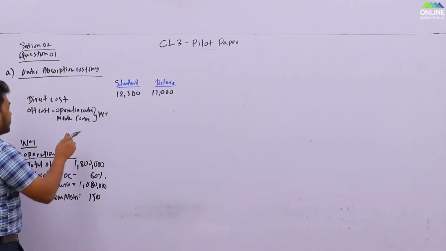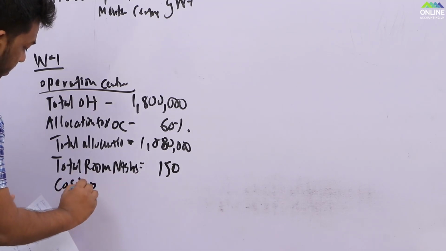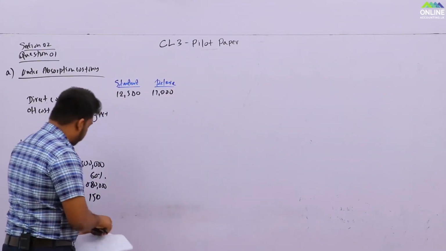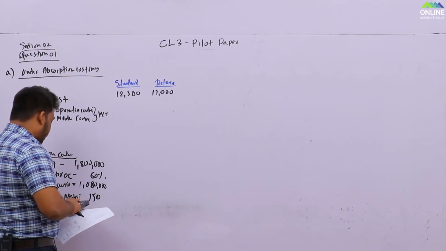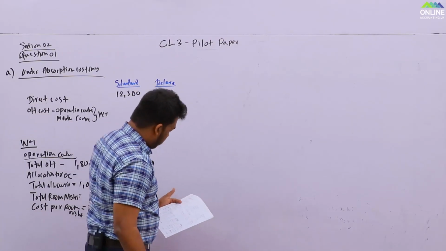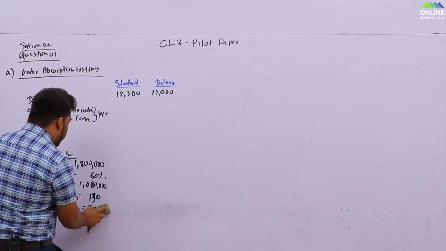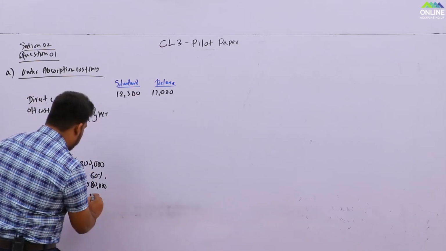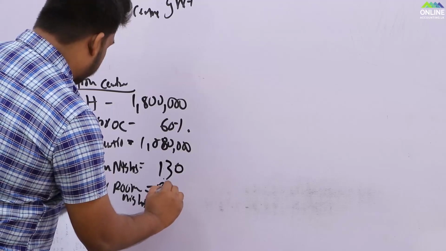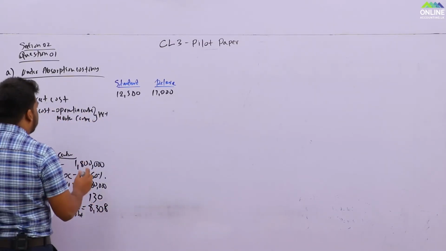So how much of the operation center cost should be allocated to one room night? 1,080,000 divided by 130, that is 8,307.6. So you can put it as 8,308.